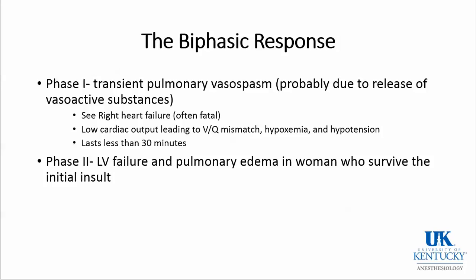So patients are going to see initially right heart failure, which is oftentimes fatal, and low cardiac output leading to VQ mismatch, hypoxemia, and hypotension. This first phase generally lasts less than 30 minutes. If a patient is fortunate enough to survive this first 30-minute phase, they move into the second phase, which shows left ventricular failure and pulmonary edema in women who are able to survive that initial insult.